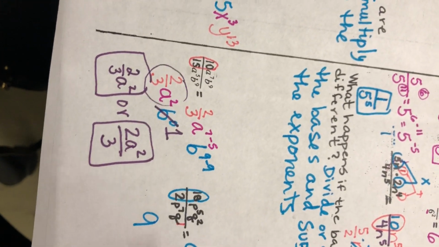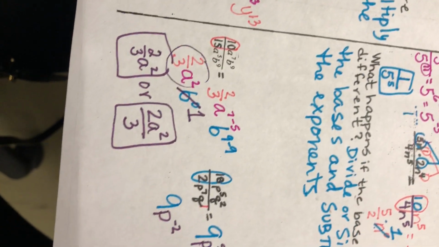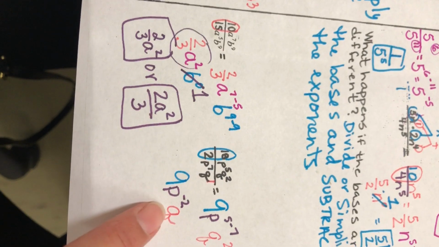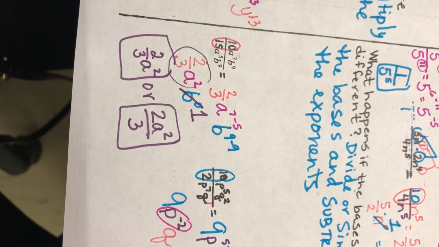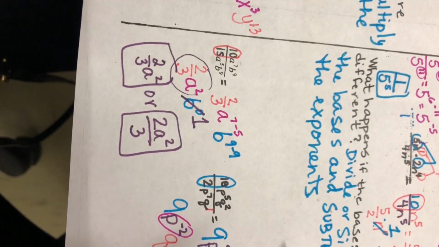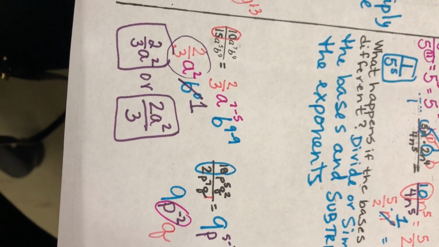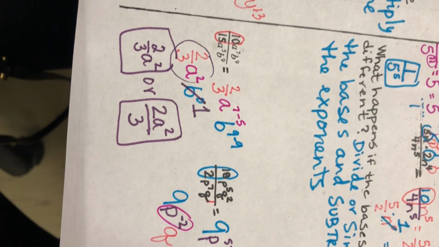Now 5 minus 7, that's a negative 2, and 2 minus 1, well, that's just 1. I don't have to put the 1. What did we say about negative exponents? That they're unhappy where they're at. So I'm going to move them to the other side of the fraction. So my final answer: the 9 and the Q can stay on top, and this guy will be happier at the bottom.